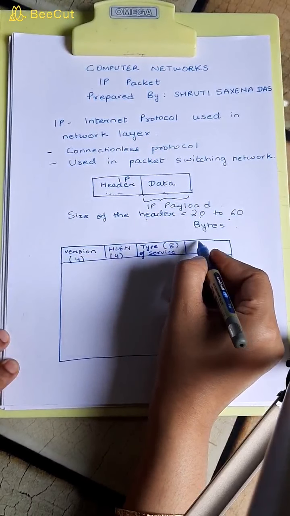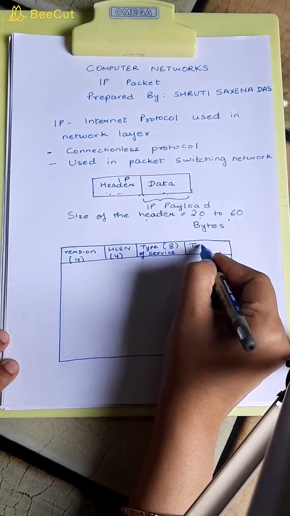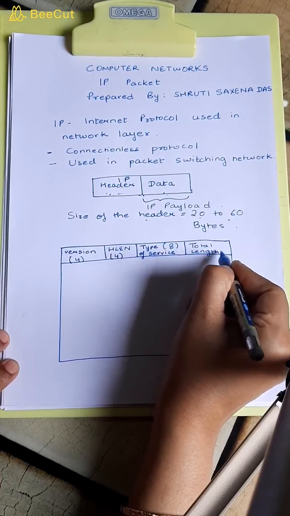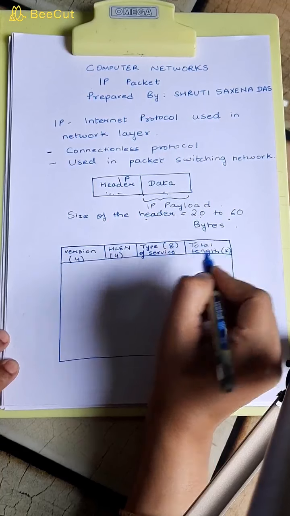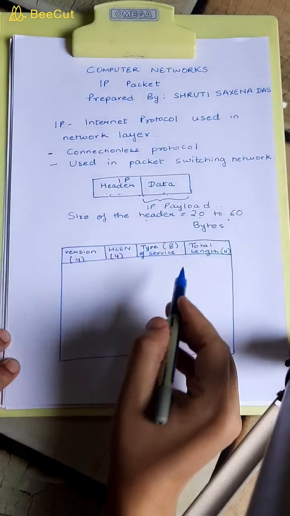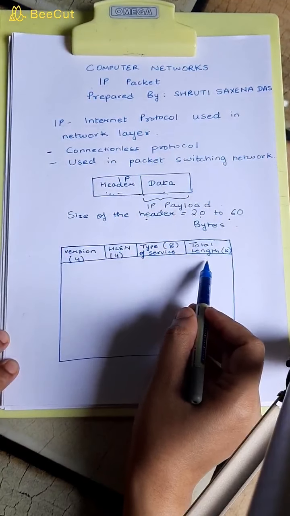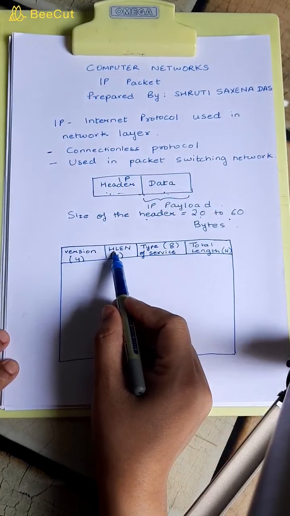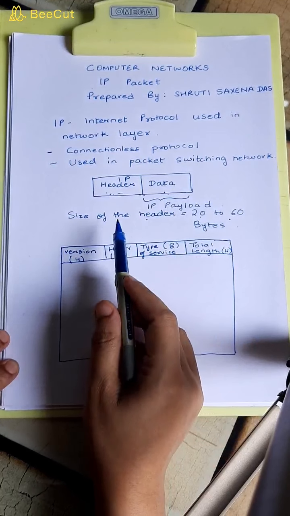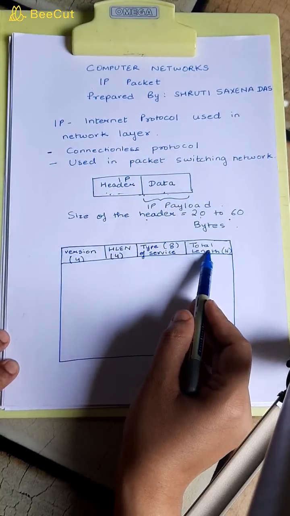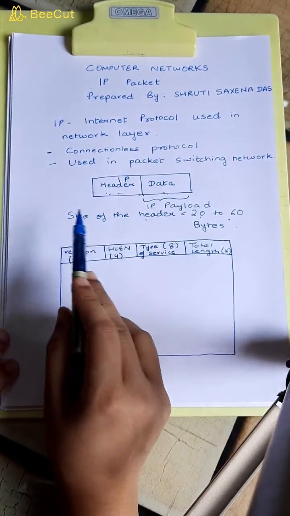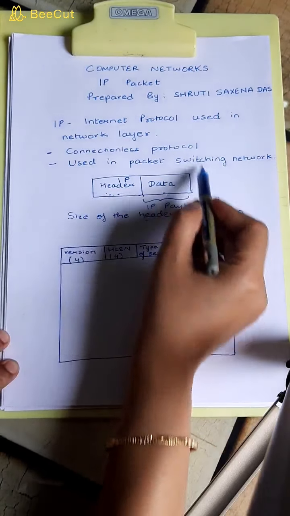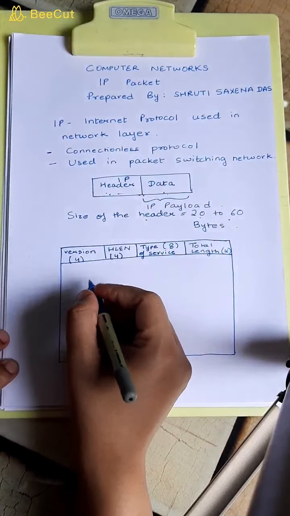The next one is total length. This field is of 16 bits, and it contains the information about the total length of the IP packet. HLEN contained the size of the header only, but total length means the size of header plus payload, so the total length of the whole packet.